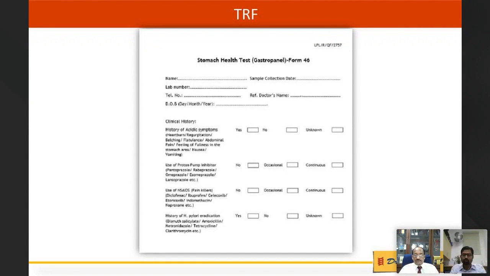So this test, being very reliable, accurate, specific and sensitive, and non-invasive, is definitely a potential test to assess stomach function and stomach health, and can be used along with endoscopy so that we can get better yield in diagnosis of stomach conditions.